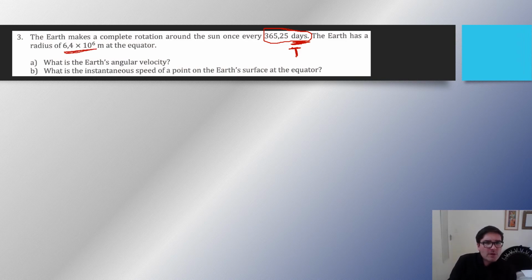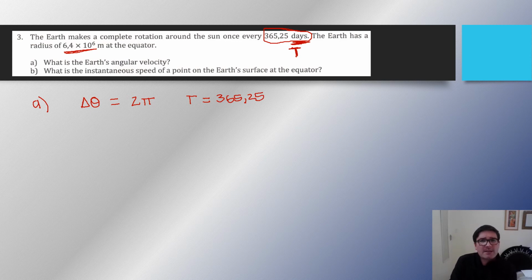The first question, question A, says, what is the Earth's angular velocity? Now, once again, in this case, we know our angular displacement. Our angular displacement for a full revolution will be equal to 2 pi. And then our period in this case, they said, was 365.25 days.